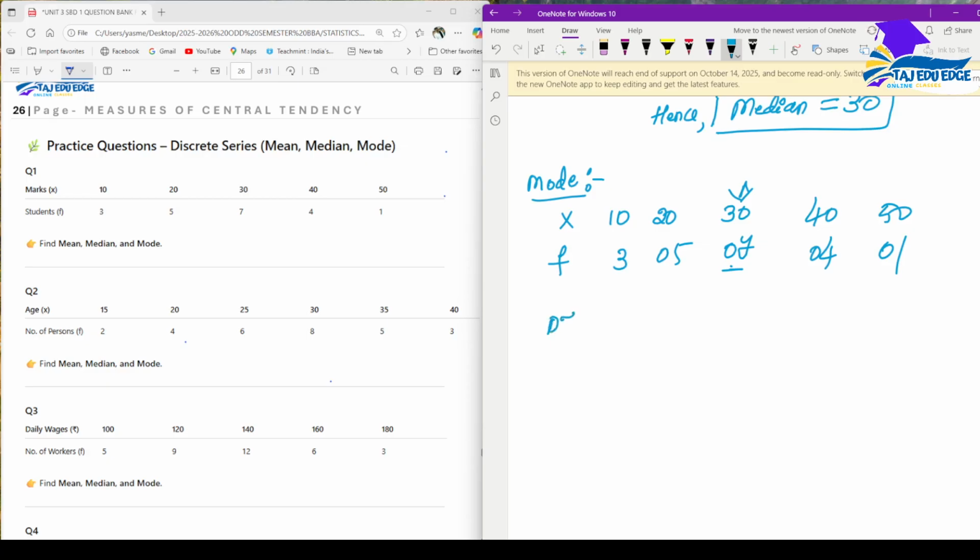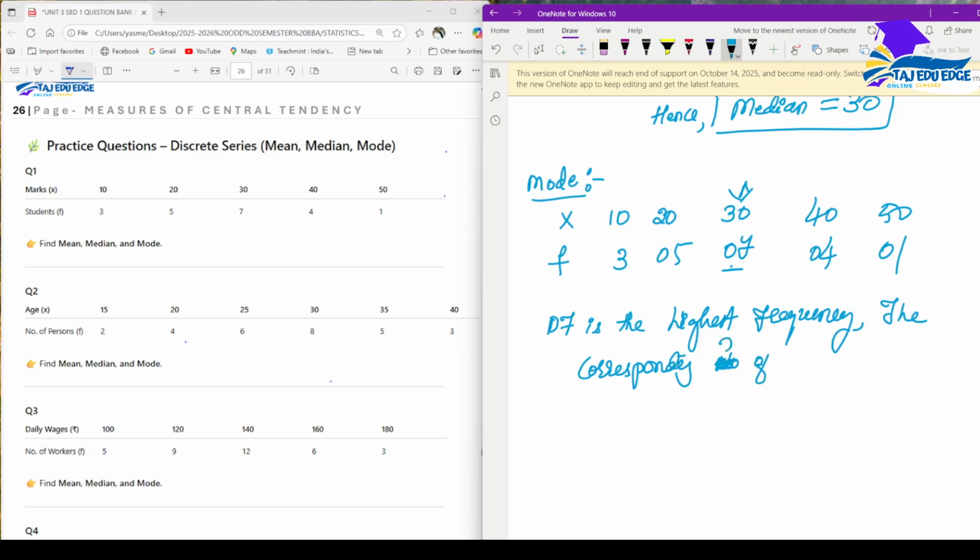So now we need to write 7 is the highest frequency, the corresponding x. The value of 7 is how much? 30.